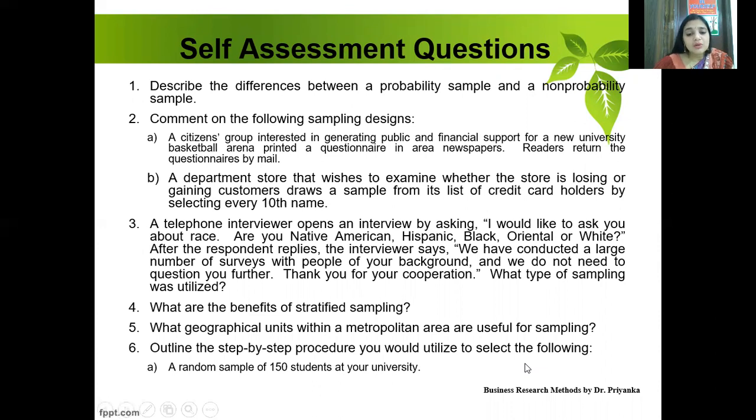A random sample of 150 students at your university. How would you do that? Chances are this list is computerized and a computer program could be utilized to generate this list, right? Every university has these nowadays. If the student directory is utilized, a name could be numbered and a random numbers table could be utilized.